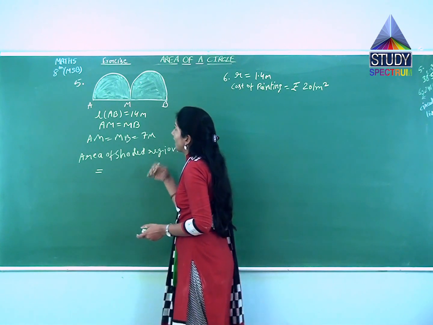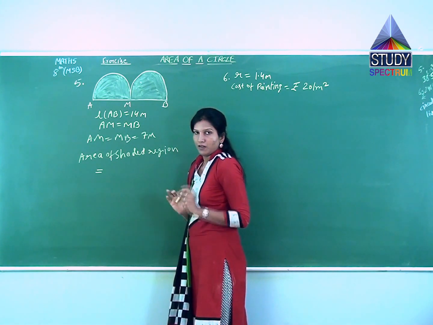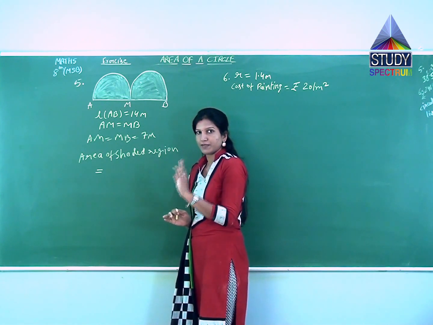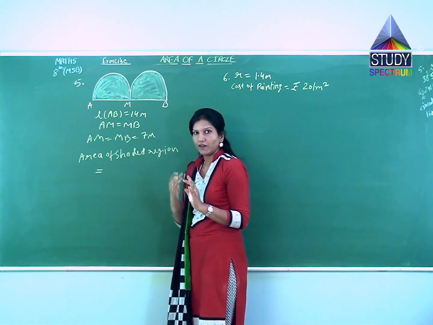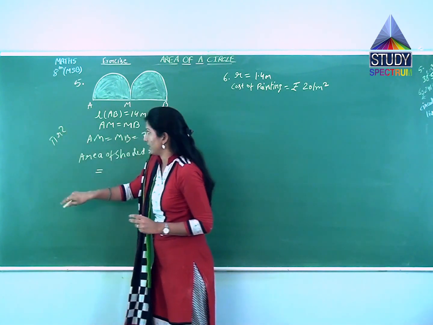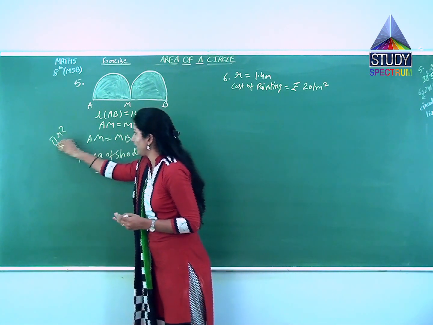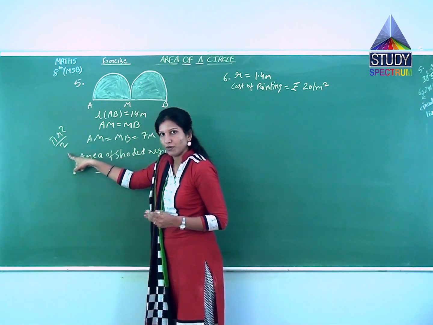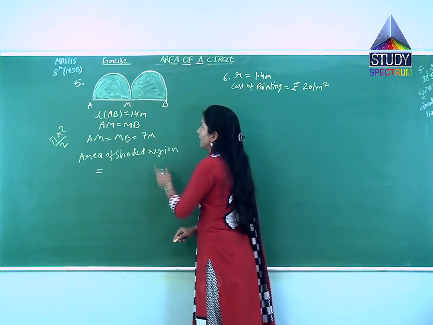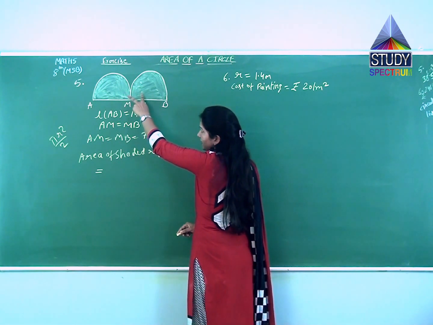And what is the area of a semicircle? Area of a circle is pi r square. So the area of a semicircle will be half of the area of the circle, that is pi r square upon 2. But here two semicircles are given.